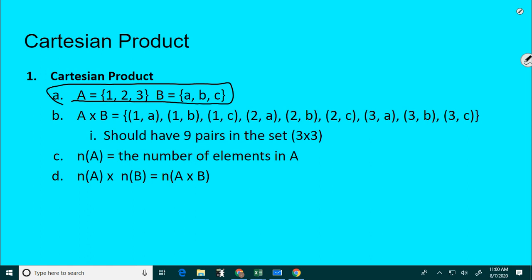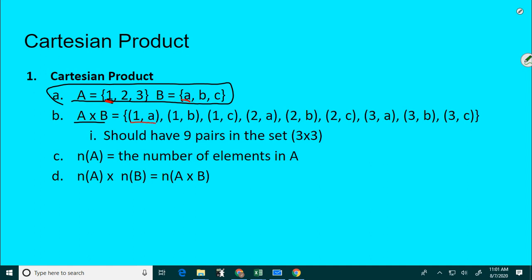So Cartesian, my Cartesian coordinate plane, it's like your XY plane, we have ordered pairs. It's that idea. So Cartesian product of A and B, I notice the A is first. The order matters here. So basically I just take my first one in A, match it up with the first one in B. There's that. 1 comma A.